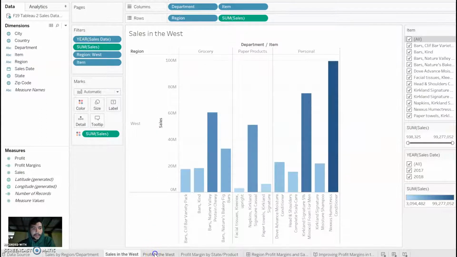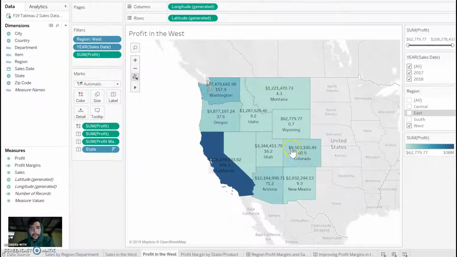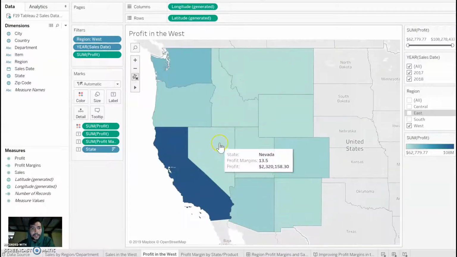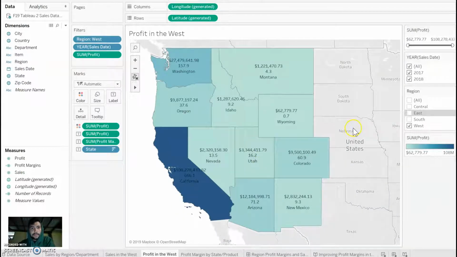Going into the next one, I wanted to give a visual representation of the second sheet in this map. Basically, this map sums up all the sales in each of the states, and I also included the profit margin.